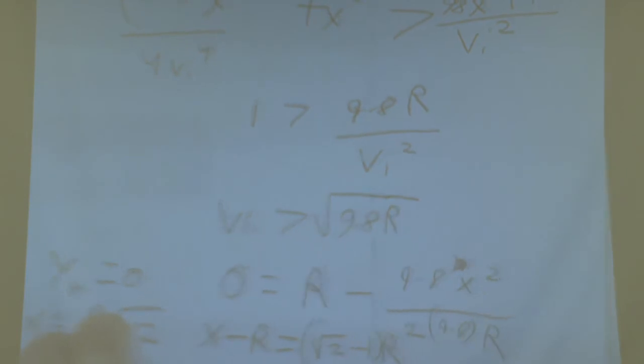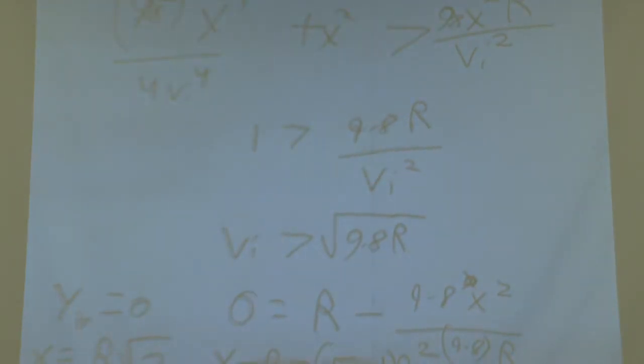X minus r equals radical 2 minus 1 times r. That was actually a much shorter step than the first part.